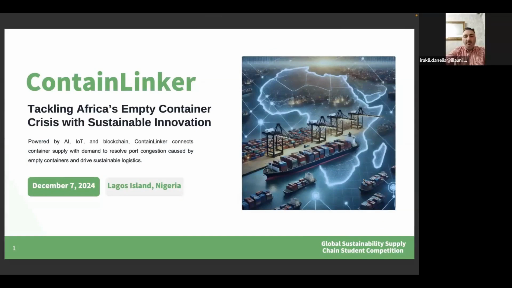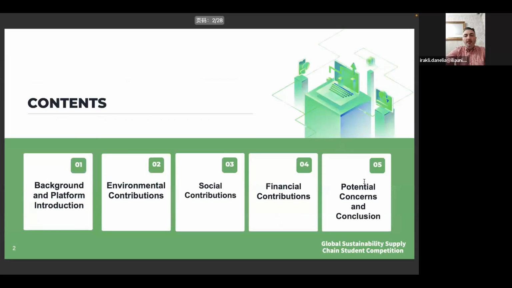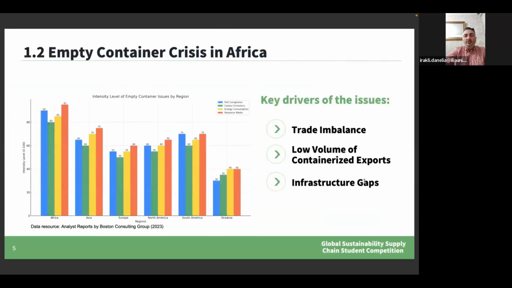Yes. First of all, again, thank you very much for your best effort to present the very burning case, by the way, and the actual case which we have in the Africa continent. You have mentioned the empty container crisis, right? And you perfectly highlighted the reasons behind that. One of the reasons you mentioned was the trade imbalance, right? In that case, we're talking about the conditions when the import exceeds the export flow or vice versa.